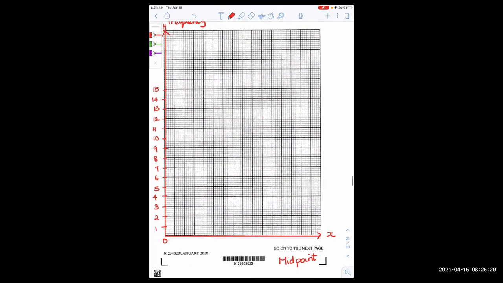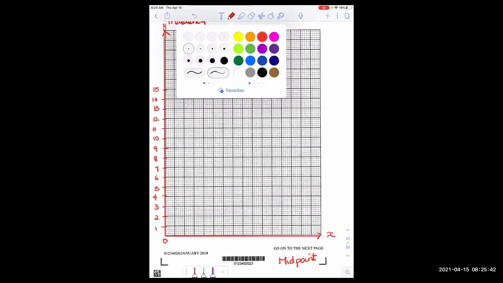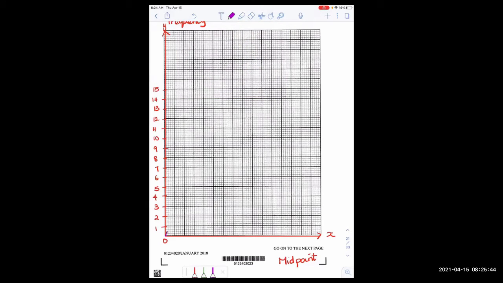All right, so draw and label the axes for me. 2 cm represents 5 units. Now, we do not start at 0, so I will put some lines to indicate that the graph does not start at 0 on the x-axis. So we could start at the number 60, and 2 cm represents 5.